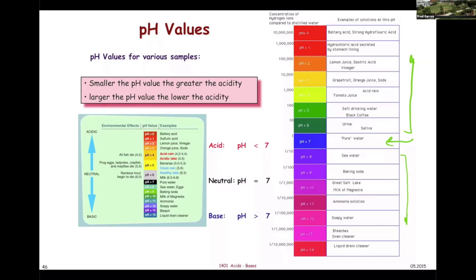In fact, your stomach has a pH of 1. It's very acidic. That's why if you ever get an ulcer and you start burning through your stomach lining, it's really upsetting. Or if you have acid reflux, it has a burning sensation because that's a pH of 1 coming through. Not very good.